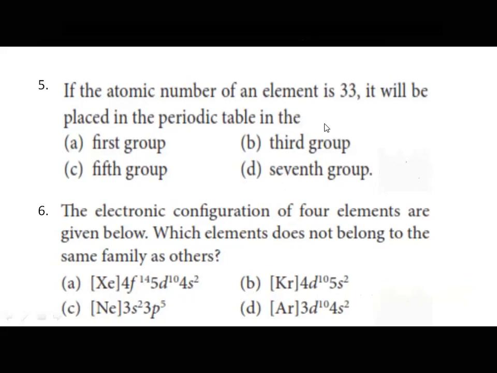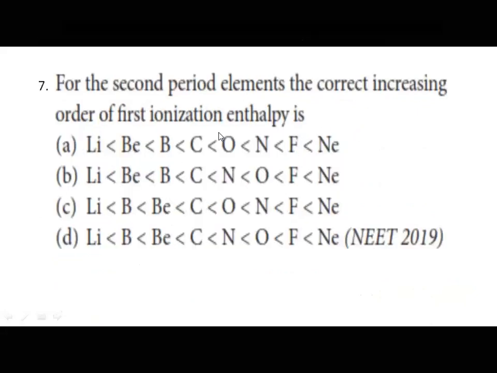If it is the same, it belongs to the same group; if different, to a different group. Next, for the second period elements, the correct increasing order of first ionization energy is. Okay, good question.